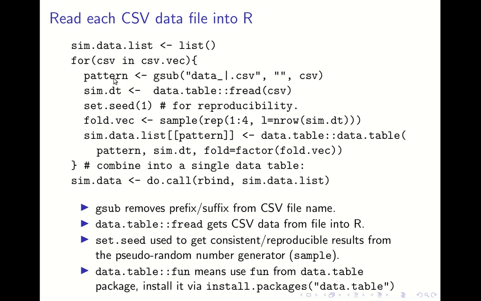That's just going to give us the pattern variables of linear, quadratic, or sine. After that, we're going to call data.table::fread on that CSV file name to get this sim.dt object. This double colon syntax means use the fread function, which is defined in the data.table package.